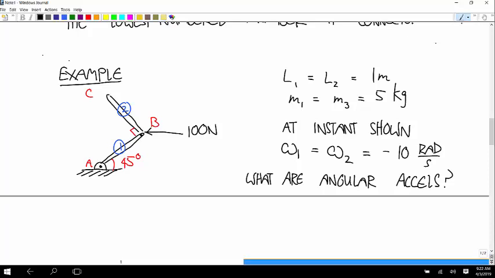Now physically, what does it mean that these both have the same angular velocity clockwise? Here's the distinction that I want to make. I think probably to a lot of people, you would think, okay, member 1 has an angular velocity of 10 radians per second clockwise, and that's right. And then a lot of people would think member 2 is rotating clockwise at 10, so the whole thing's rotating down, and the angle between these is getting bigger.